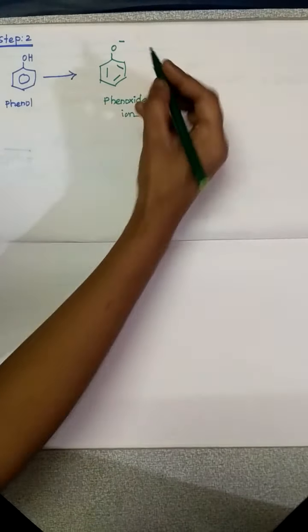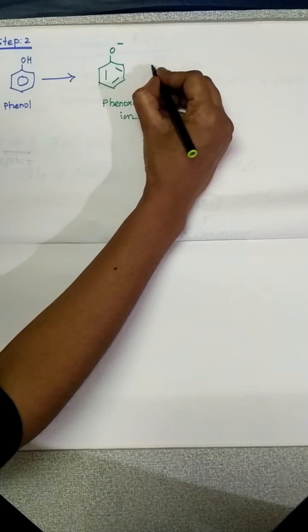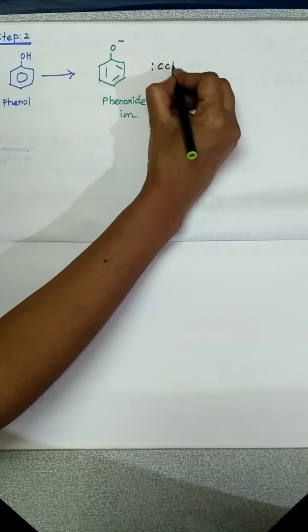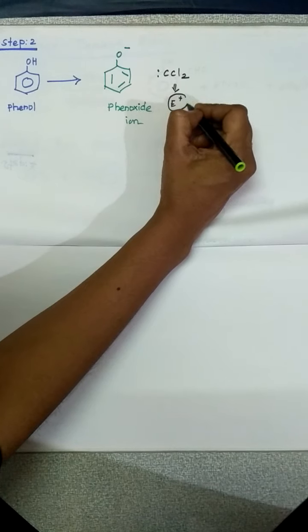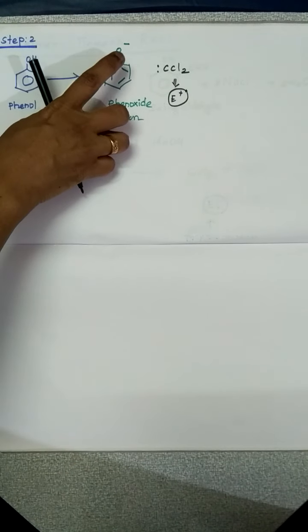Next, dichlorocarbene attacks this phenoxide ion. This dichlorocarbene acts as the electrophile which attacks the phenoxide ion.